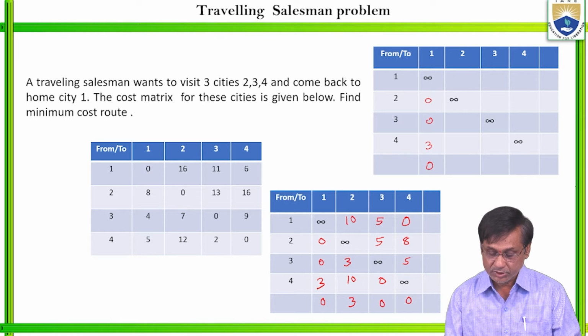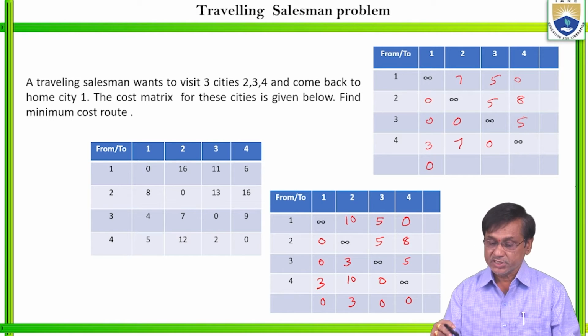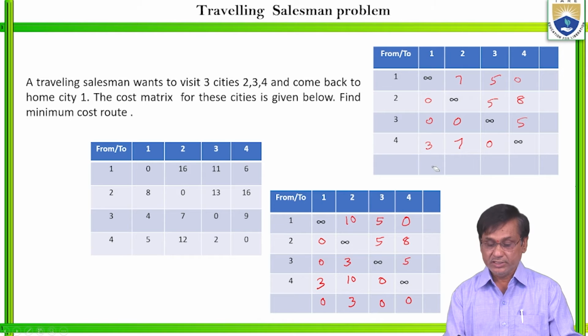In the second column, the minimum element is 3, so 10 minus 3 is 7, 3 minus 3 is 0, 10 minus 3 is 7. The third column stays as it is, and the fourth column is 0, 8, 5.